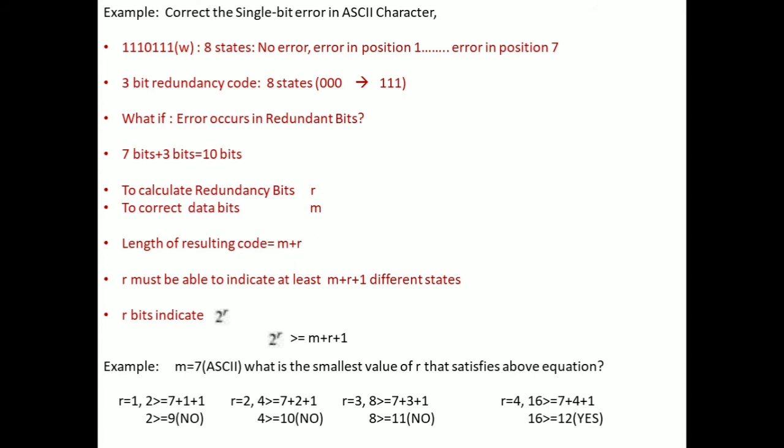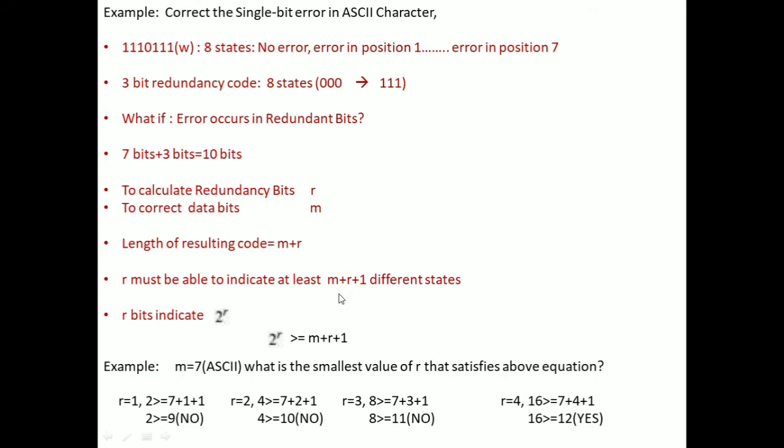The sender finally transmits m plus r total bits as a single unit, so r must be able to indicate at least m plus r plus 1 different states. The 1 represents the state of no error, and the m plus r states indicate the location of an error in each of the m plus r positions.